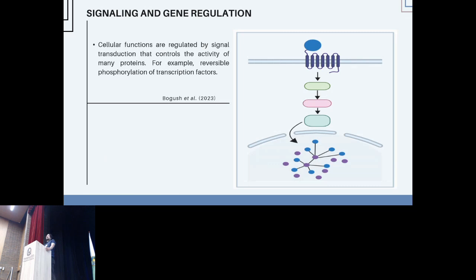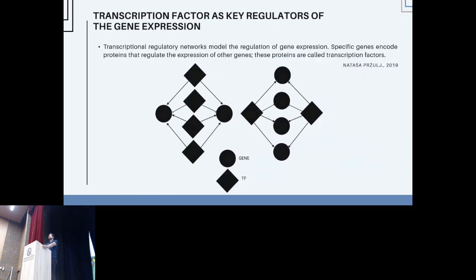This cellular signaling is a crucial part of development because epithelial cells communicate with each other and with the other cell types, such as immune cells and stromal cells, through extracellular signals that activate intracellular signal pathways and at the end modulate the activity of some proteins called transcription factors. These transcription factors are proteins which bind to specific motifs in the DNA and ultimately affect, positively or negatively, the expression of the genes that they regulate.